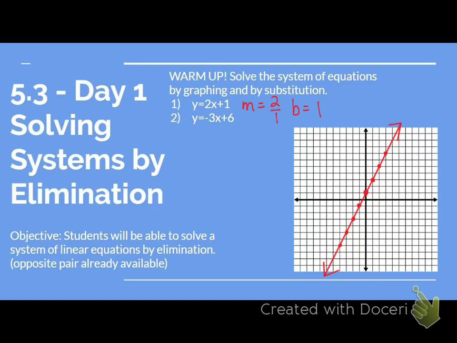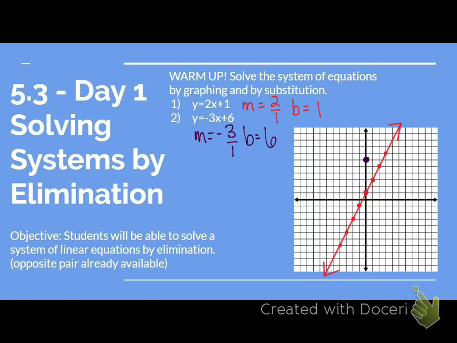Okay, the second line, again, we need to identify M and B. What's my slope for my second line? Negative 3 over 1. And my B? Positive 6. Start on your y-axis at positive 6. Slope, again, rise over run.